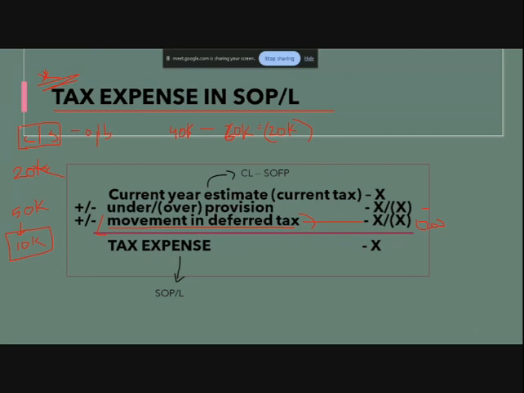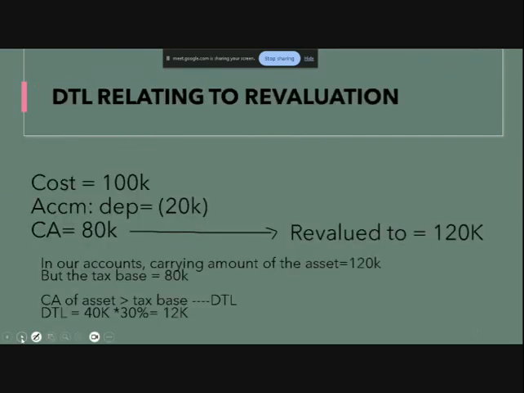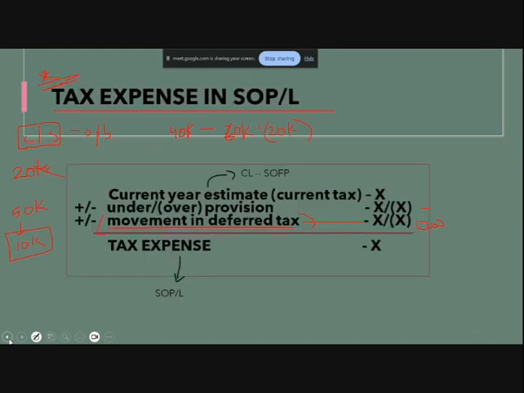Now about this closing balance, where will it go? Where will the current year estimate go? The current year estimate will go to current liability, right? The closing balance here will go to non-current liability. I told you there are a lot of things to remember here.